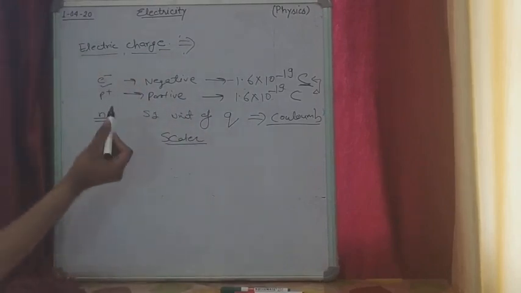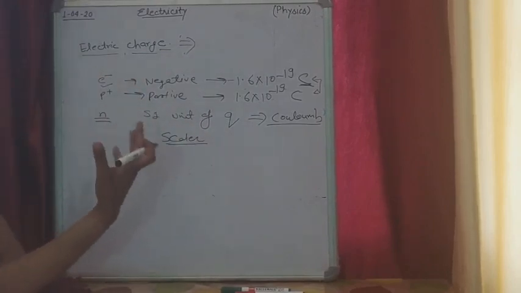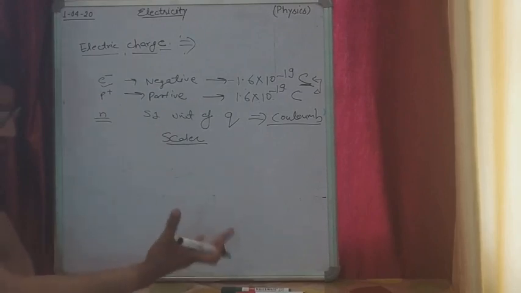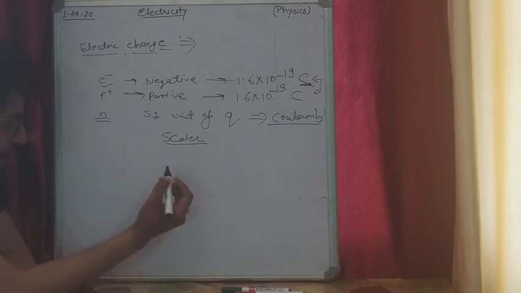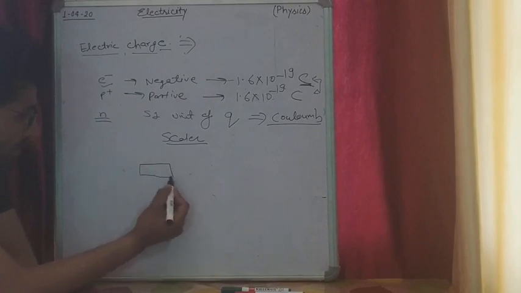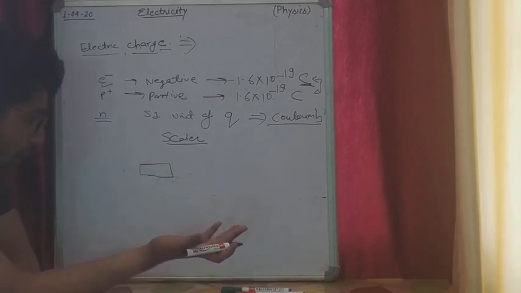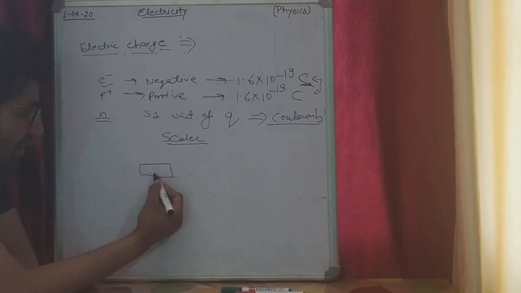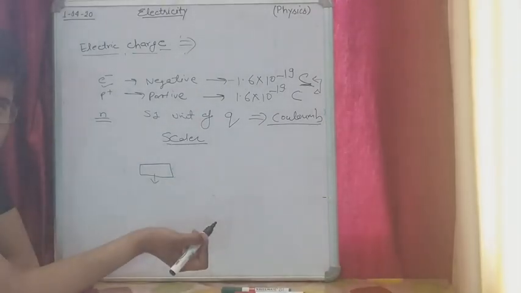Okay. Now, how can electric charge develop? What is the basic theory behind electric charge? Let me explain this thing. As I already said to you, suppose we have a scale. We have a scale in our home also. That scale is an insulator scale.